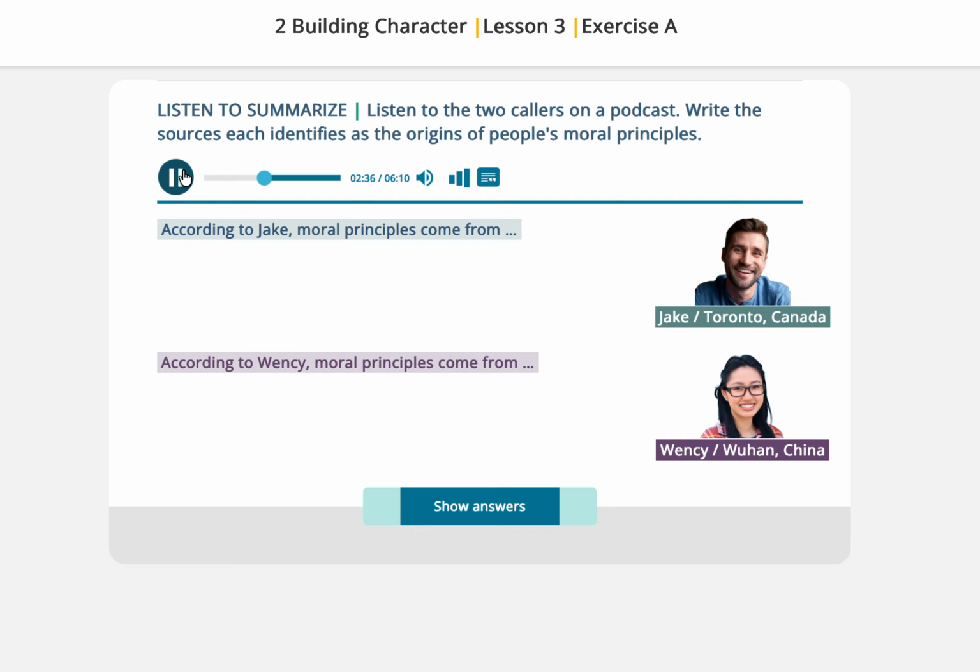Makes sense to me. So you're saying we learn from the people around us, right? Definitely. They provide models of both good and bad behavior, which helps us develop a sense of what's okay and what's not. Okay. And what about the role of religion? Oh, our religious upbringing can play a huge role. All the world's religions teach the value of selflessness and helping others.